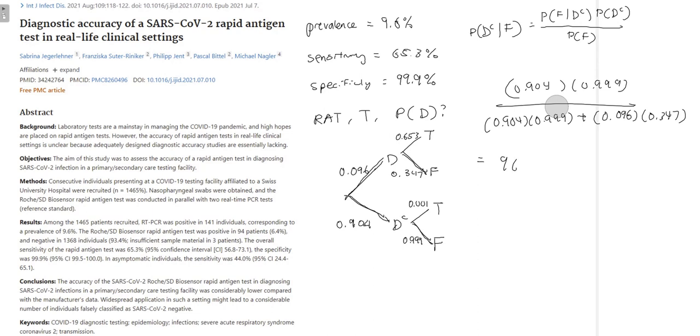Looks like 96.44%. So if I get a false, then there's a 96% chance that I actually do not have the disease.